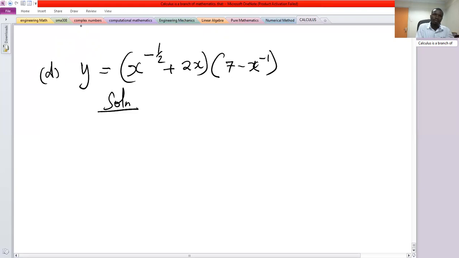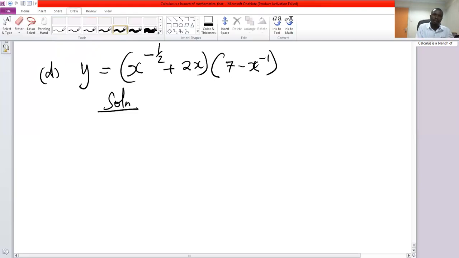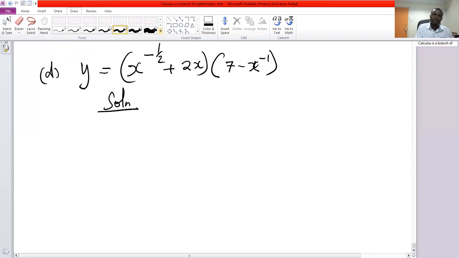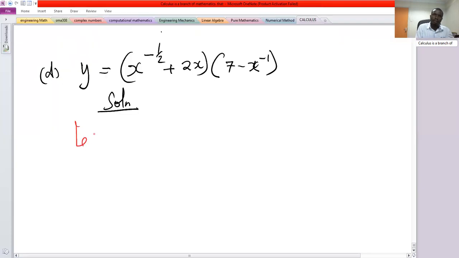So here, you let u be x raised to power negative a half plus 2x, and v be 7 minus x raised to power negative 1.